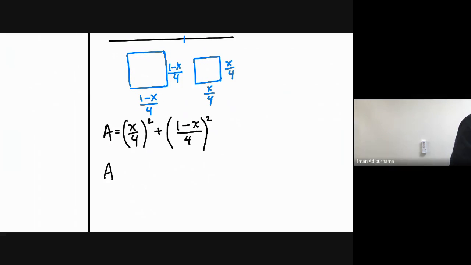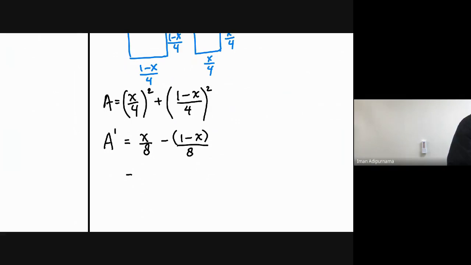Let me derive this model. Our intuition says that we need to check the derivative and make it 0 to find the critical point, like in the previous slide. Let's check the first derivative. So it will be x over 8, because 2 and 16, and then minus the same.